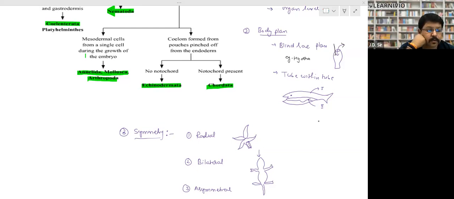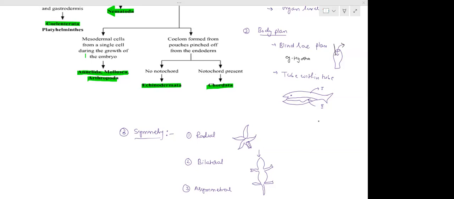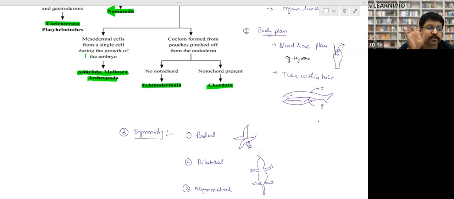When the body is not divisible... This is radial, right? No, not radial. I am just talking about the symmetry. What is the symmetry? You need not go with this type of symmetry. First, you need to understand what is the symmetry.